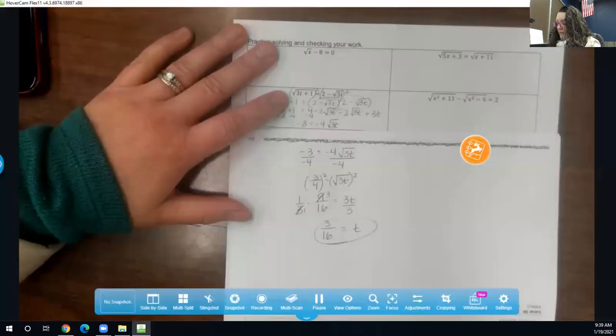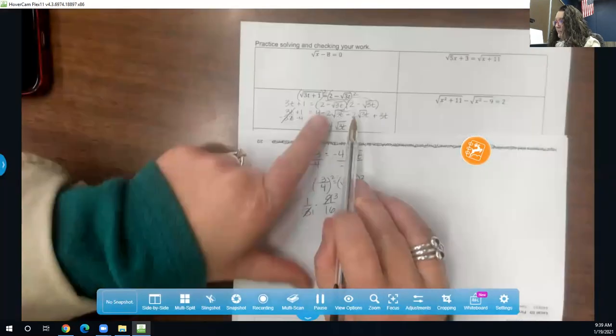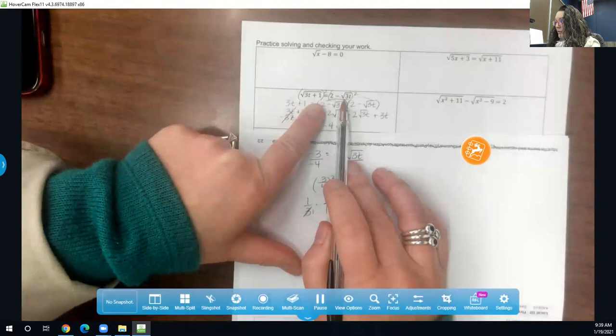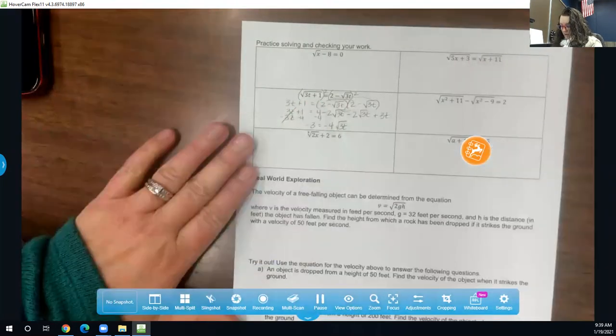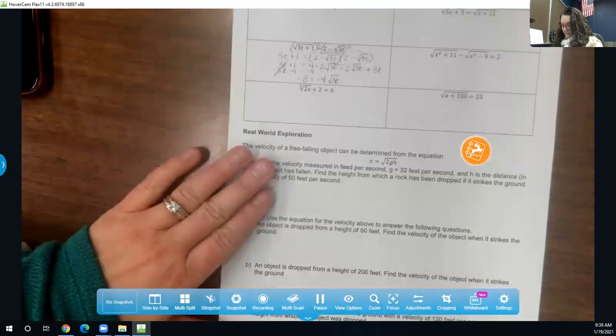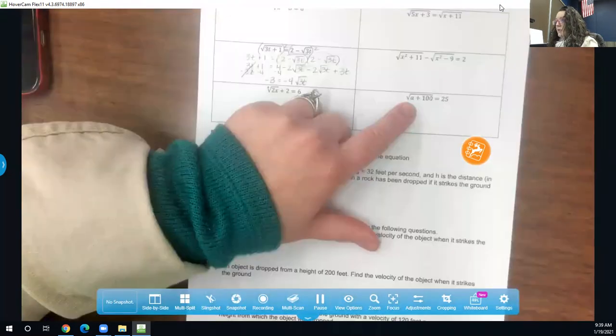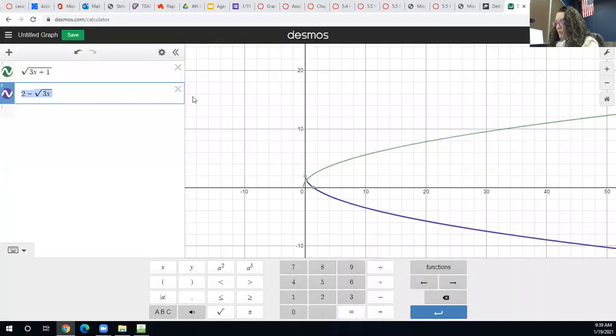So anytime you have something that looks like this, you can just see on the graph where they intersect. That's another way to solve. So let's look down here. Let's look at this one right here, looking at it on the graph, and we'll see what that looks like. A little bit simpler.